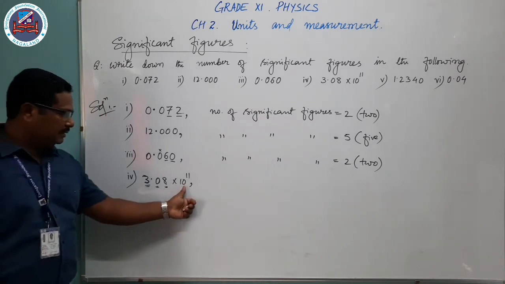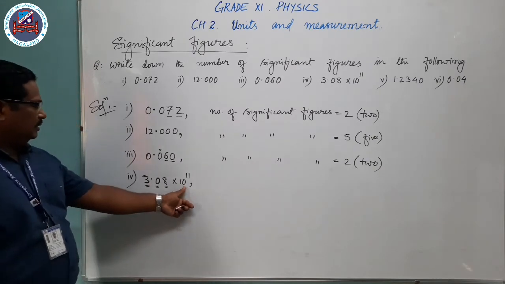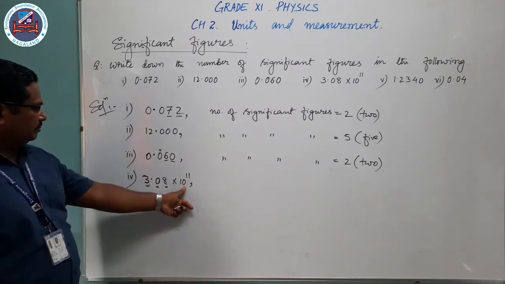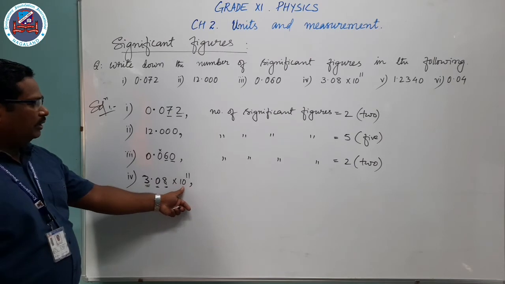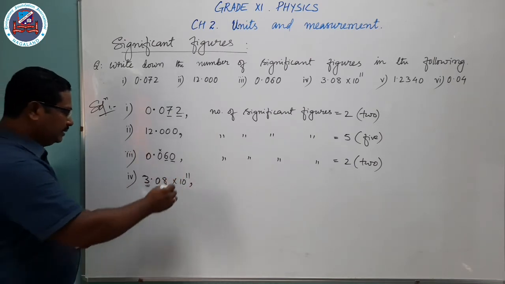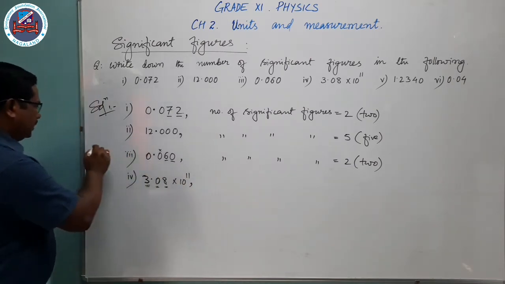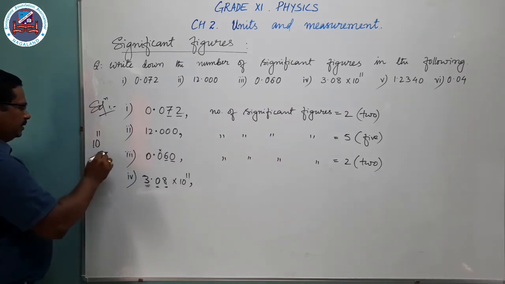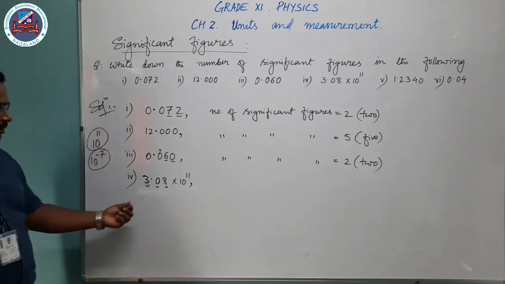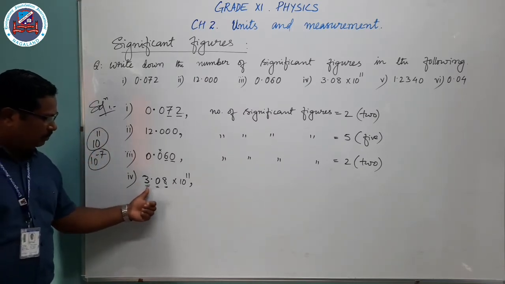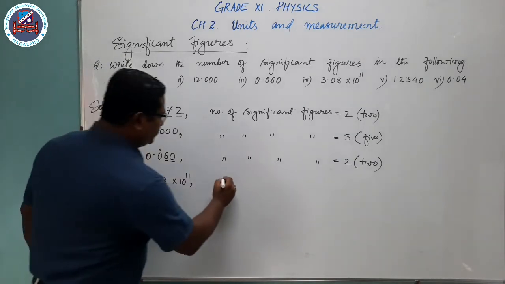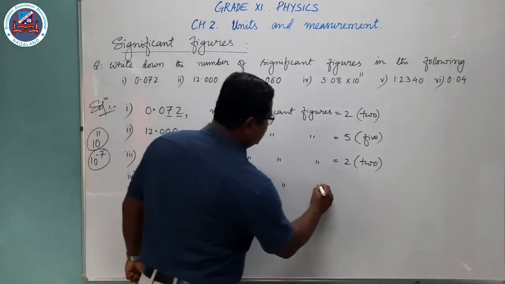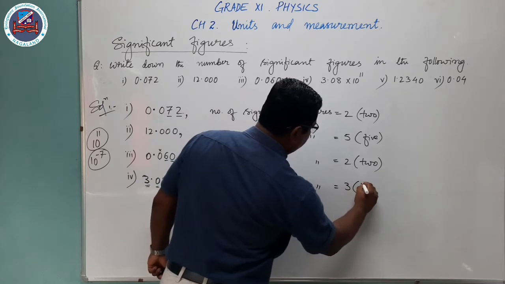Now the order, 10 to the power 11, 10 to the power minus 7, whatever comes, the order of the digit does not come under significant figures. So here the number of significant figures will be 1, 2, 3. The number of significant figures will be 3.